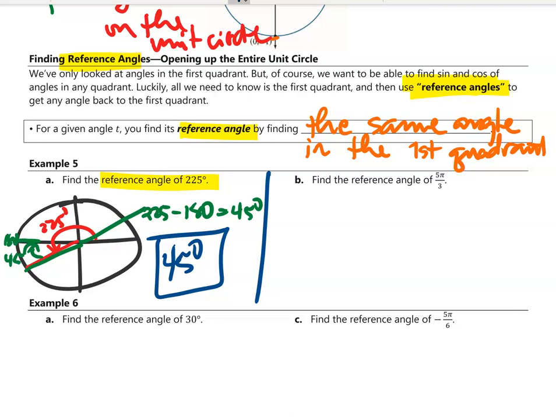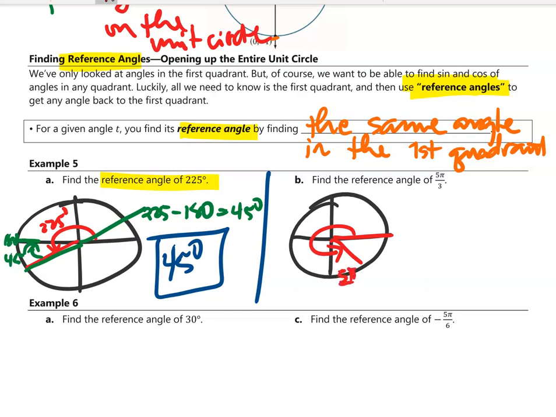Letter B, find the reference angle of 5 pi over 3. Where is 5 pi over 3? It is here. So that is 5 pi over 3. The fastest way to the x-axis is this part, and this is 2 pi.